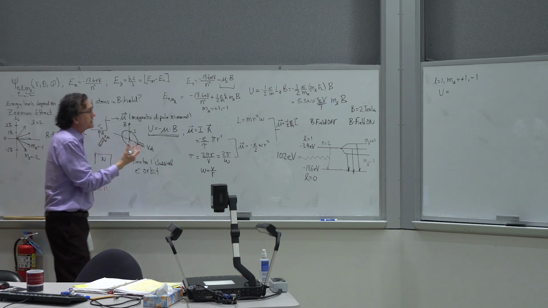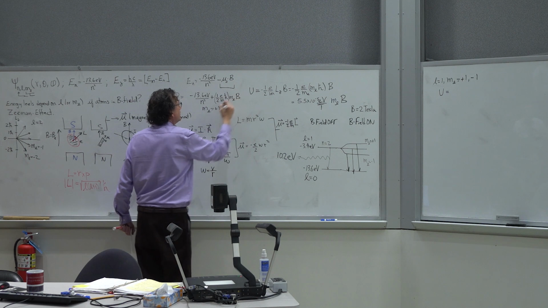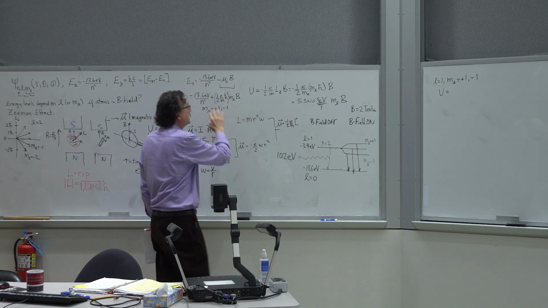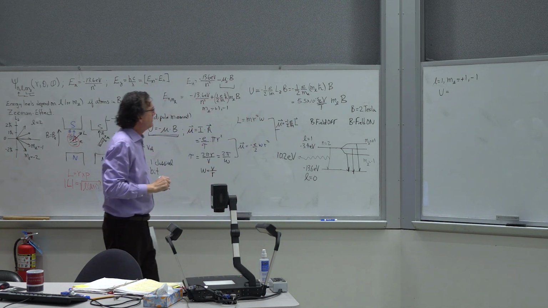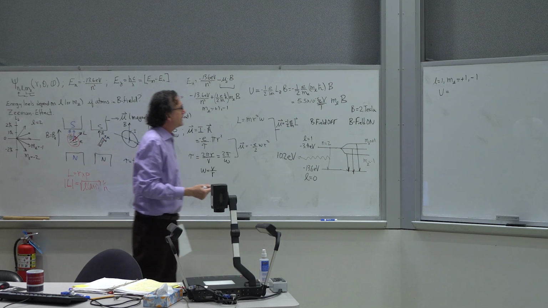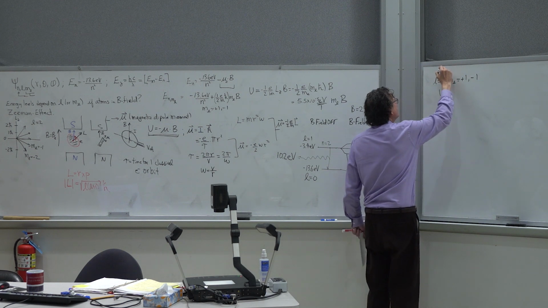So I just evaluate this, and I've already evaluated these explicitly in terms of energy units. The value of this quantity is 5.5 times 10 to the minus 5 eV per Tesla. So I only have to multiply by Tesla to get the total eV. So I'm going to evaluate this now for B equal to 2 Tesla.